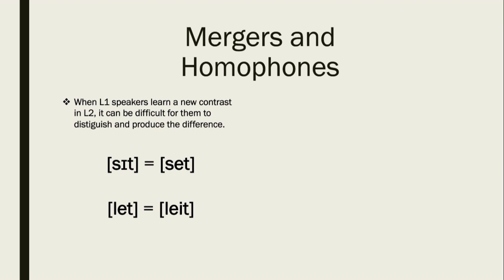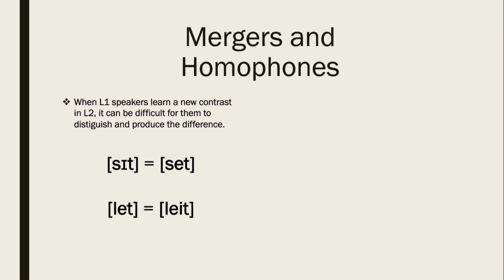So the consequence of merging so many vowel sounds is homophones. For example, the English short vowels of I and E in the example words sit and set are often difficult for some speakers to pronounce because in their first languages, these are not separate sounds that carry meaning. Another example would be the difference between let and late.